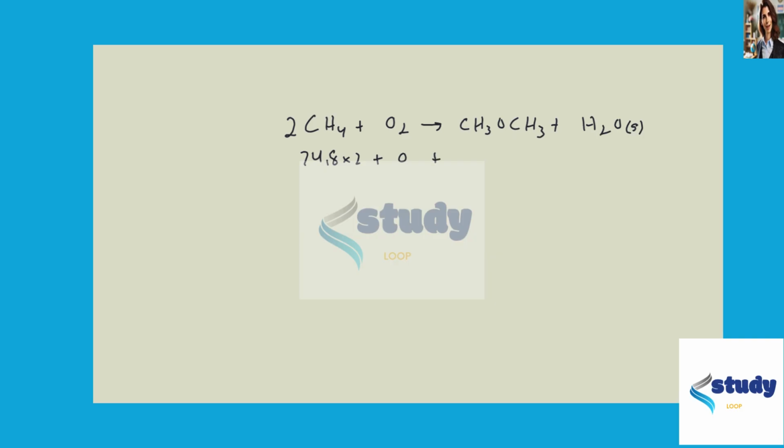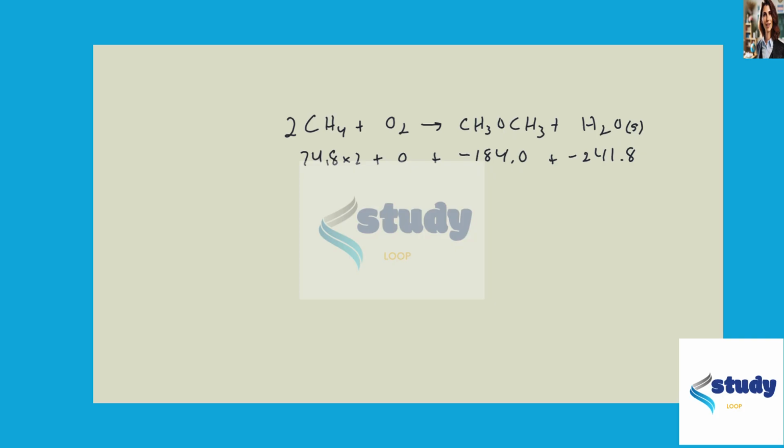The CH3OCH3 is a negative 184.0, and the water as a vapor is equal to a negative 241.8, and it's negative. So these are negatives because we are forming them. These are going to be positives because we are actually making them.